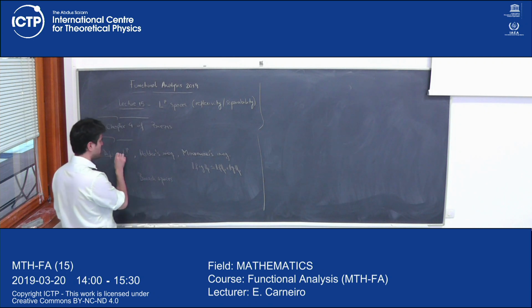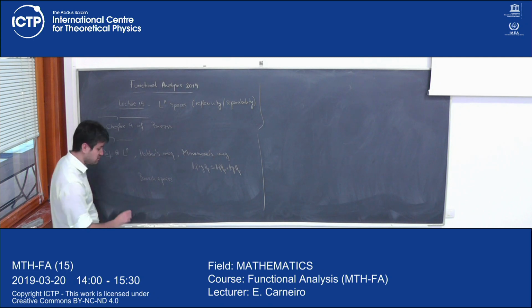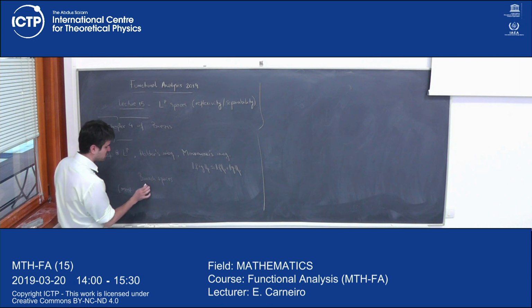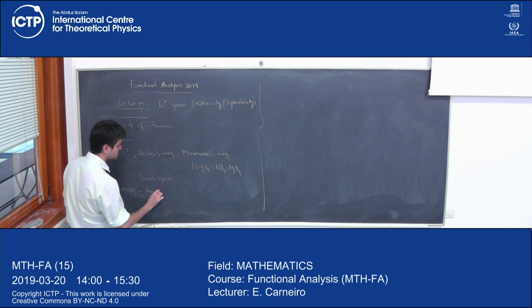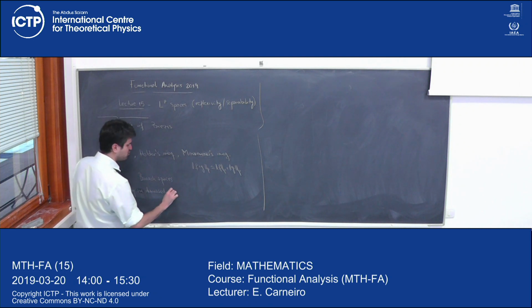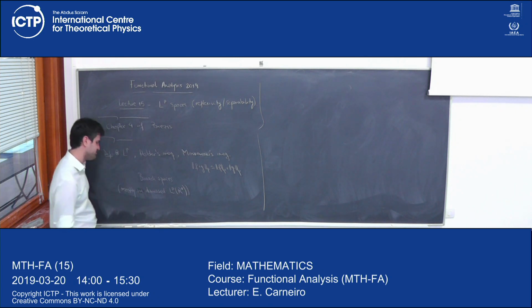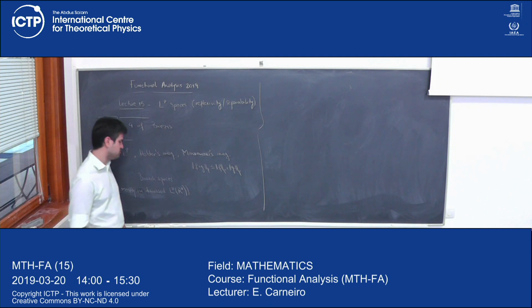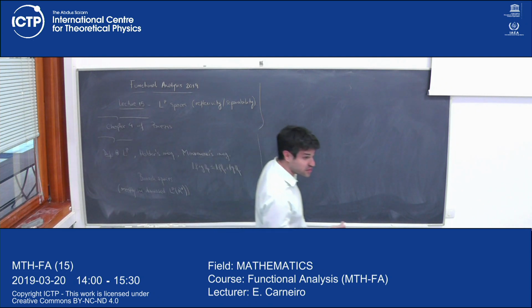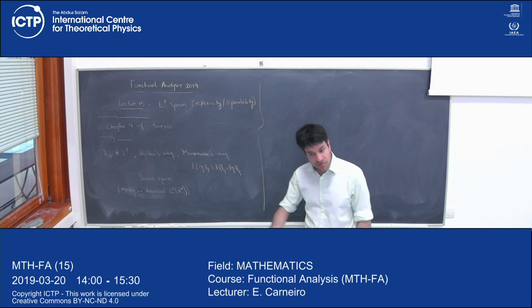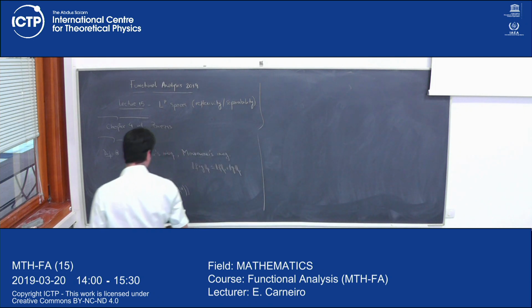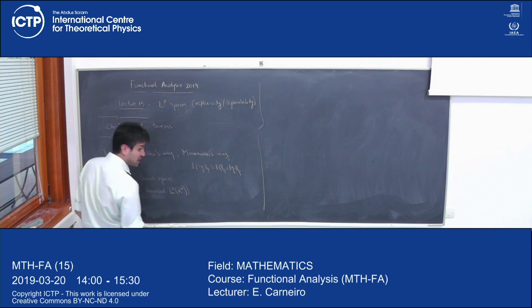I guess most of what we have discussed, we did in the context of R^d. Mostly we discussed L^p of R^d. But most of the properties that we discussed for L^p of R^d hold true for L^p of any other measure space.